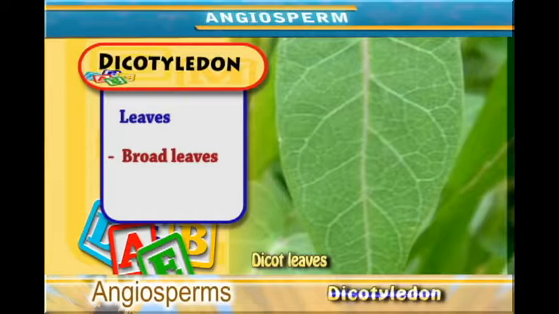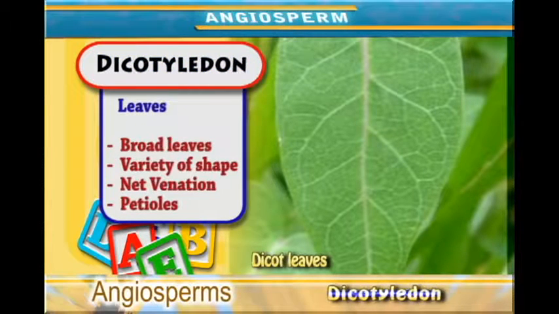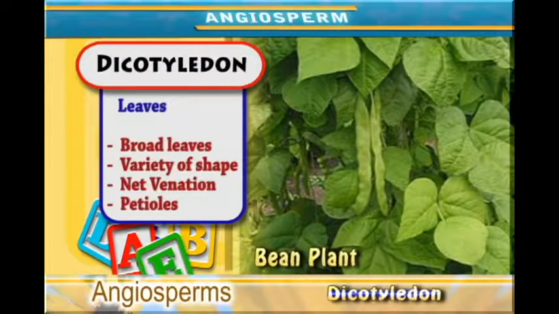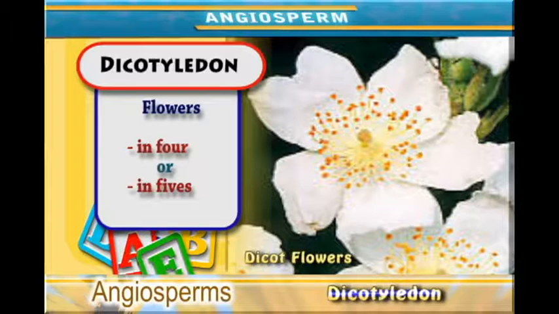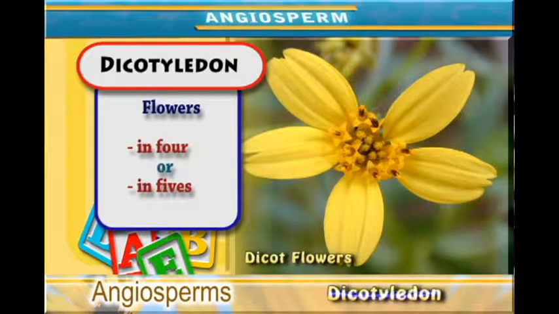The leaves are broad, have net venation, and some have petioles, and they have a taproot system. The flower parts are usually in 4s and 5s. So those are the angiosperms.